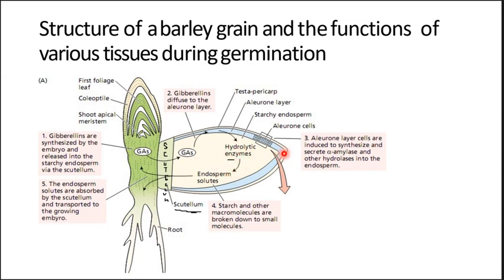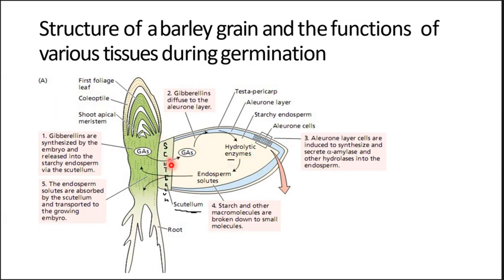The aleurone cells are enclosed in a thick primary cell wall. They contain a large number of protein storing vacuoles called protein bodies. Now what is the role of the aleurone layer? The sole function of the aleurone layer is to synthesize and release hydrolytic enzymes.